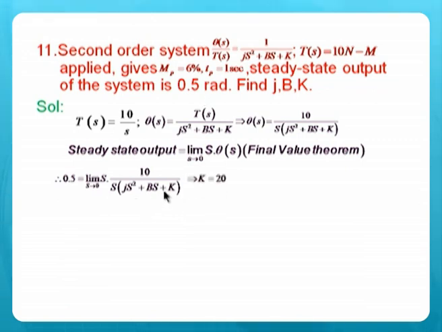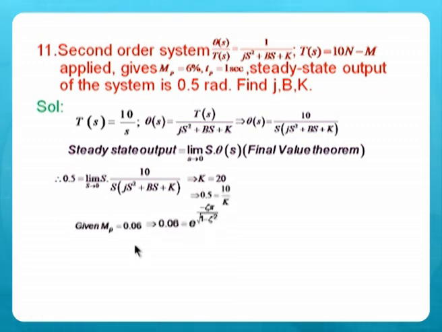From this you can get the value of k as 20, because when you substitute s equal to 0, this term goes to 0, this term also becomes 0, s and s get cancelled, so k remains. So the spring stiffness is obtained from this function as 20.